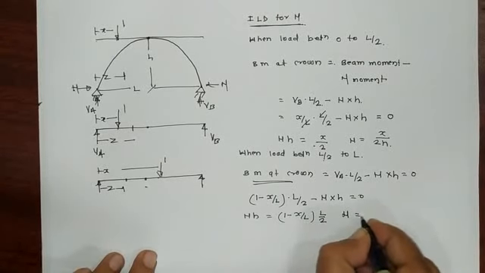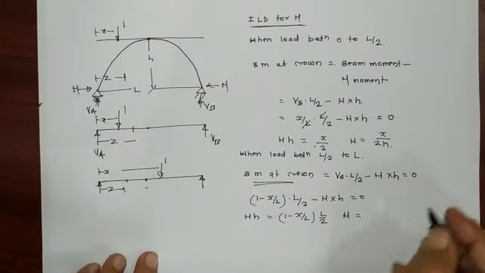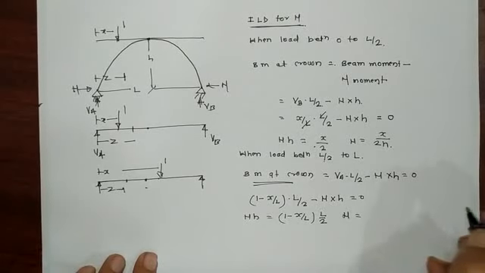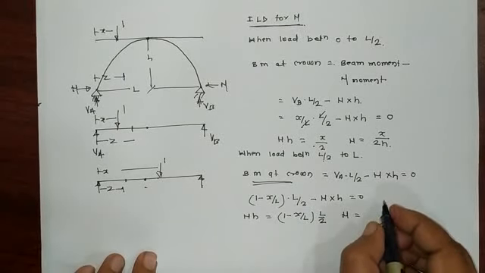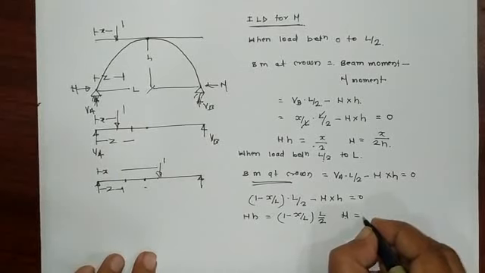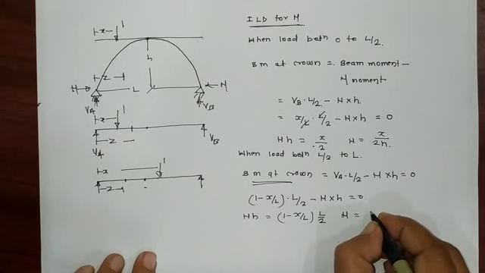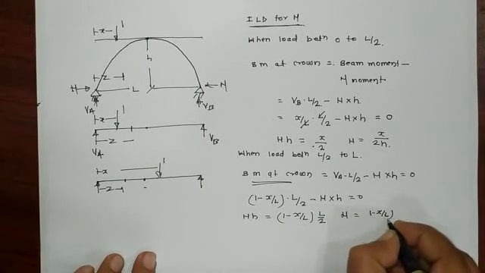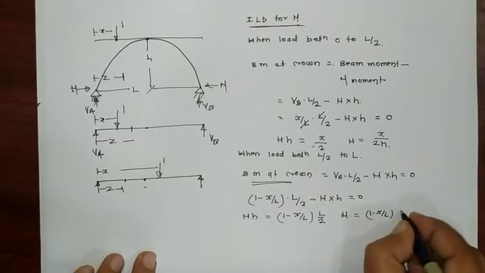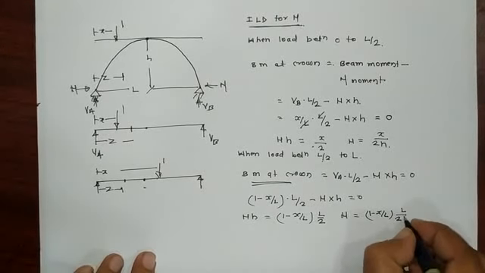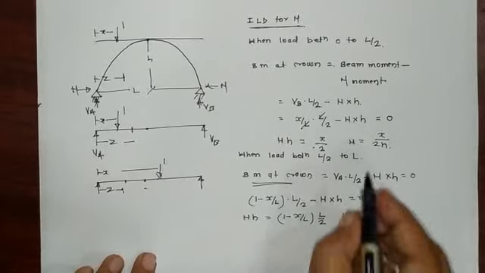So H is equal to 1 minus X by L into L by 2H.